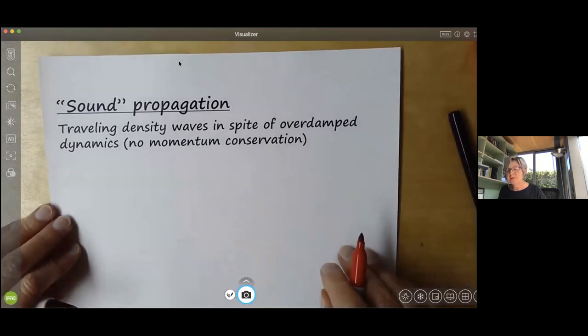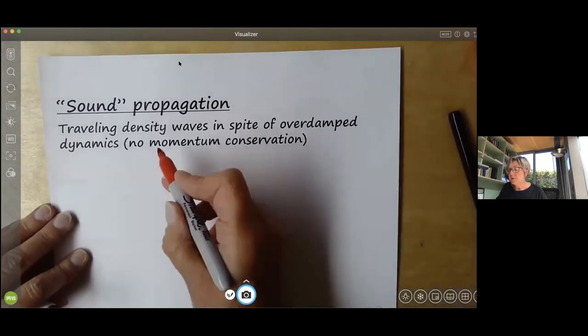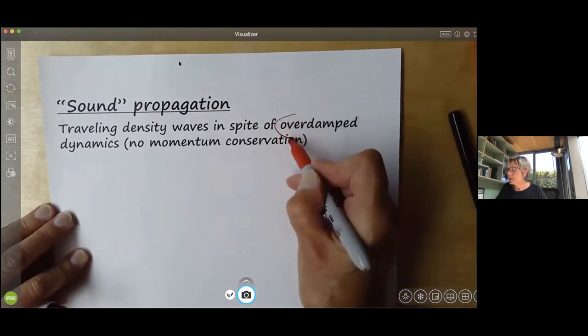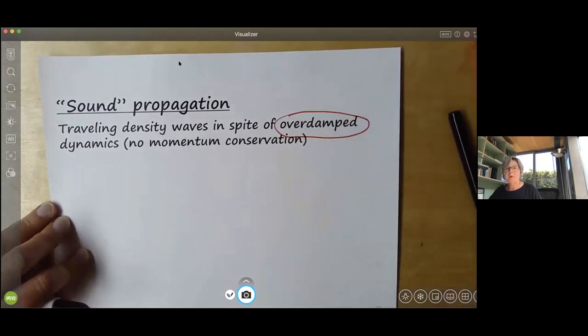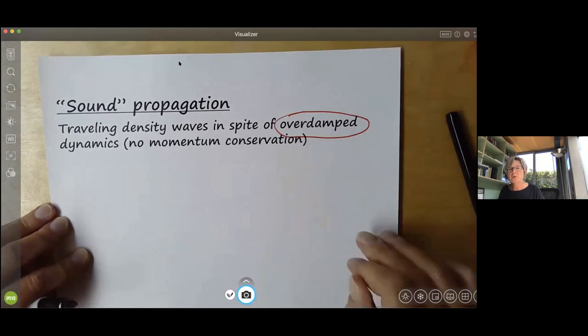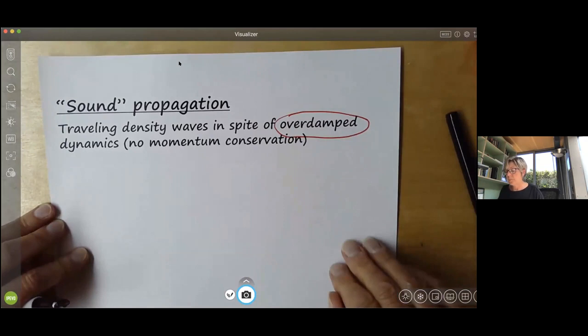flocking fluids, we actually see traveling waves, even though the dynamics is greatly overdamped, and we would expect a density fluctuation not to propagate, but simply to die out quickly due to dissipation.